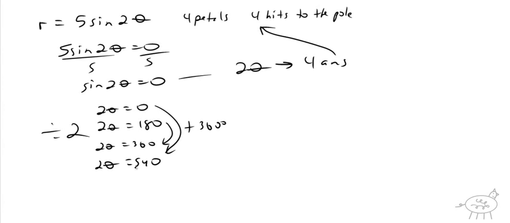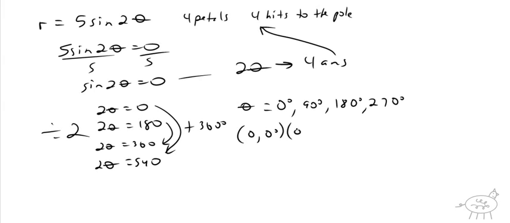Divide everything by 2, and I get theta is equal to 0, 90, 180, and 270. Again, everything between 0 and 360. Okay, so my coordinates are R, comma, so 0, comma 0 degrees, 0, comma 90 degrees, 0, comma 180 degrees, and 0, comma 270 degrees. Okay, that's pretty easy. That's where it hits the pole.